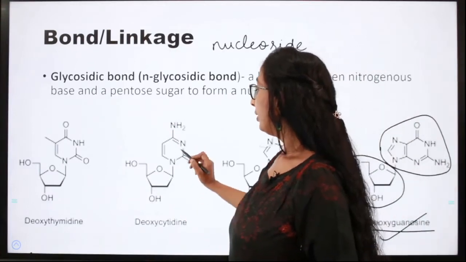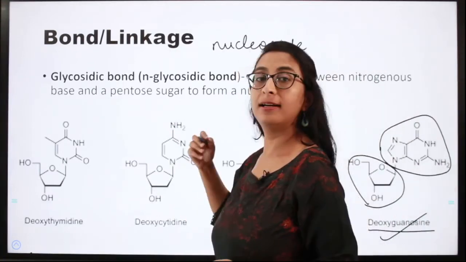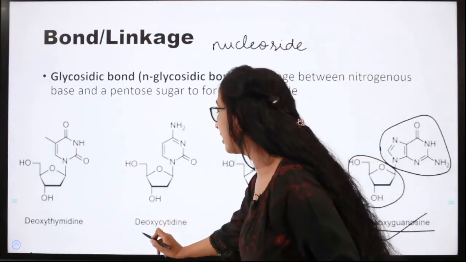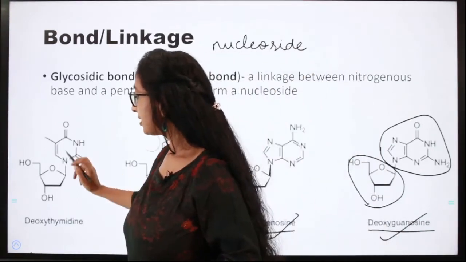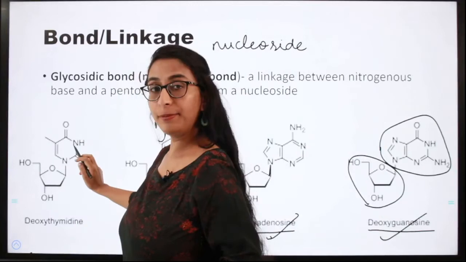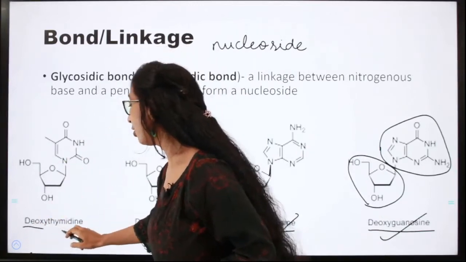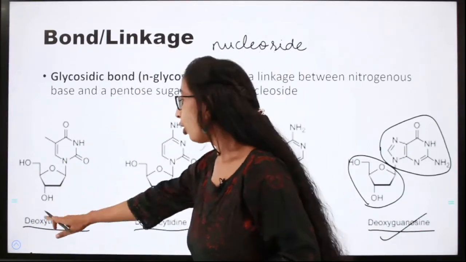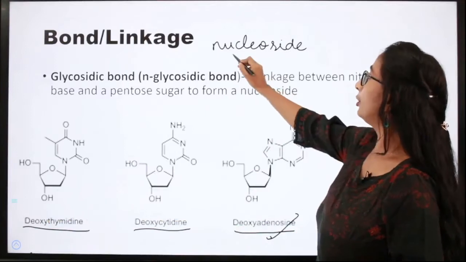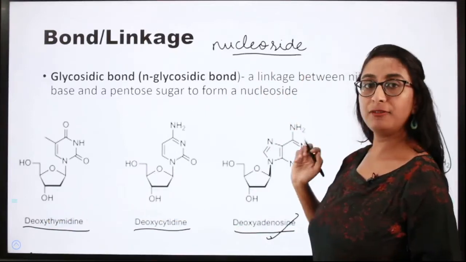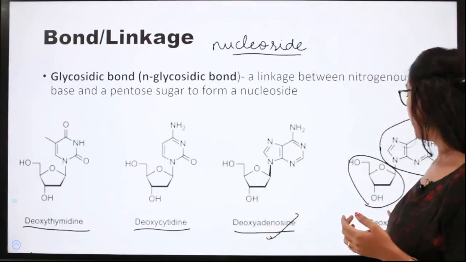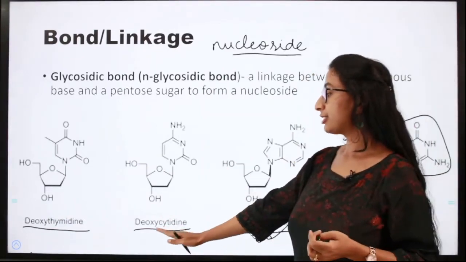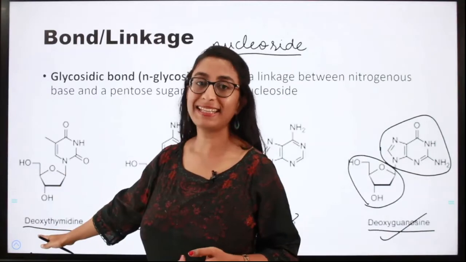When it is cytosine, it gives rise to deoxycytidine. And when it is thymine, it gives rise to deoxythymidine. All of these 4 are nucleosides. Got it? We have 4 kinds of nucleosides in DNA: deoxyadenosine, deoxyguanosine, deoxycytidine and deoxythymidine.